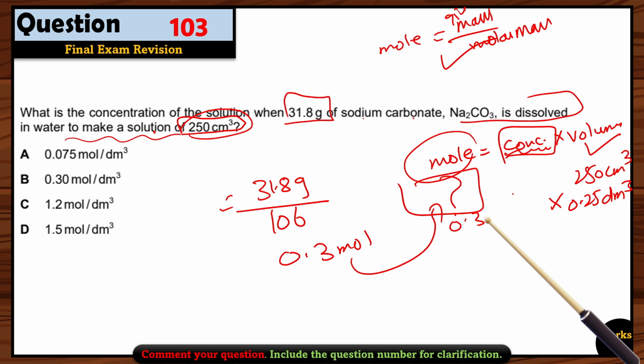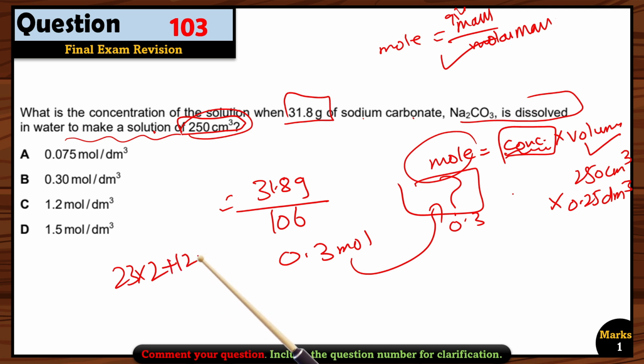Na2 is 23 into 2, plus carbon is 12, and then we have 16 into 3. So 23 into 2 plus 12 for carbon, plus 16 into 3 is equal to 106.